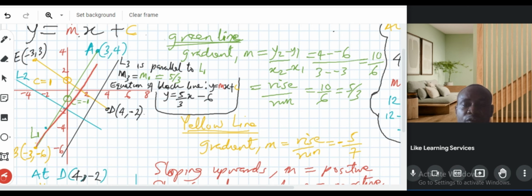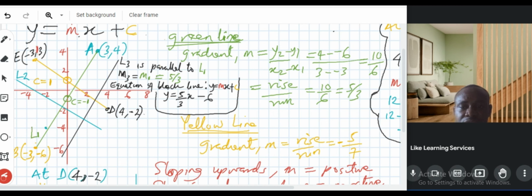Another example, for instance, this green one, just a quick summary. This green one, gradient is y2 minus y1 over x2 minus x1, or rise over run. The rise is 10 spaces.